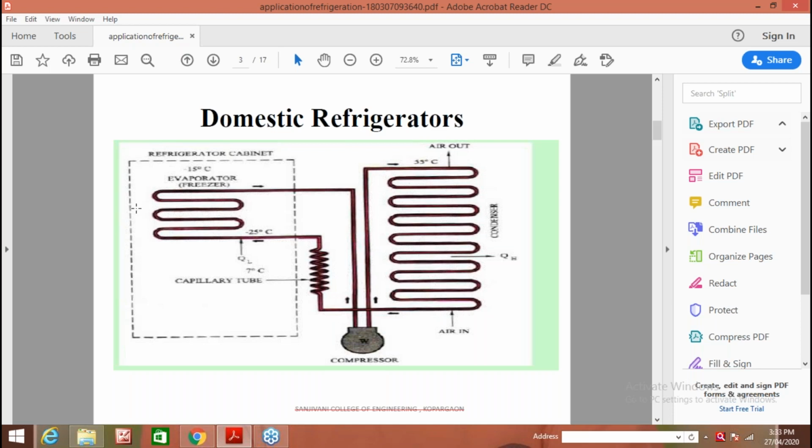The temperature of this uppermost compartment, the freezer, is very low, so the density of air inside this freezer is high because it gets cooled, and because of this high density, the air moves downward to cool the three remaining compartments. This cold air, which has high density, moves downward and takes heat from the other three compartments of the refrigerator.